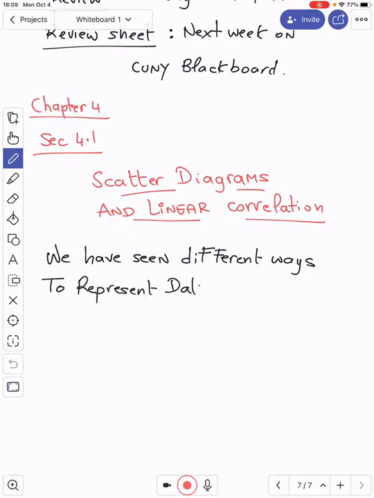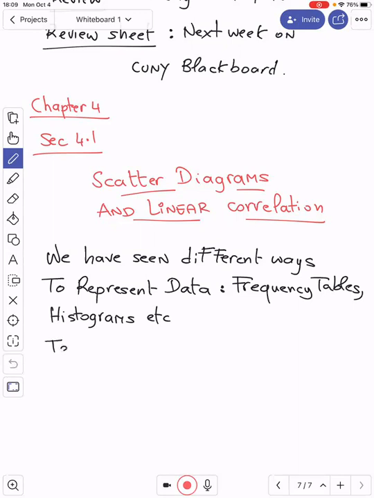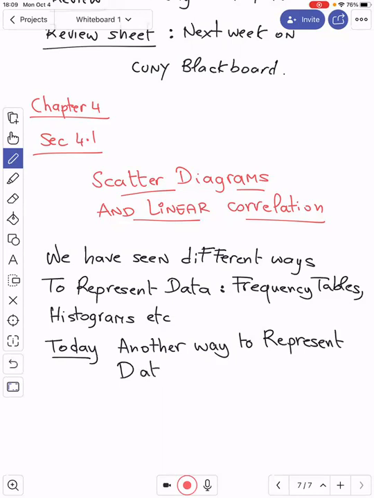For example, histograms, frequency tables, ogives, etc. So today we're gonna discuss another way to represent data, and that's the scatter diagram.